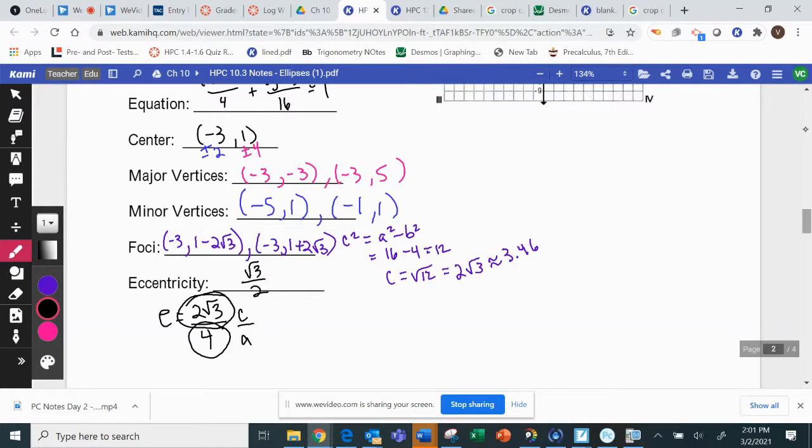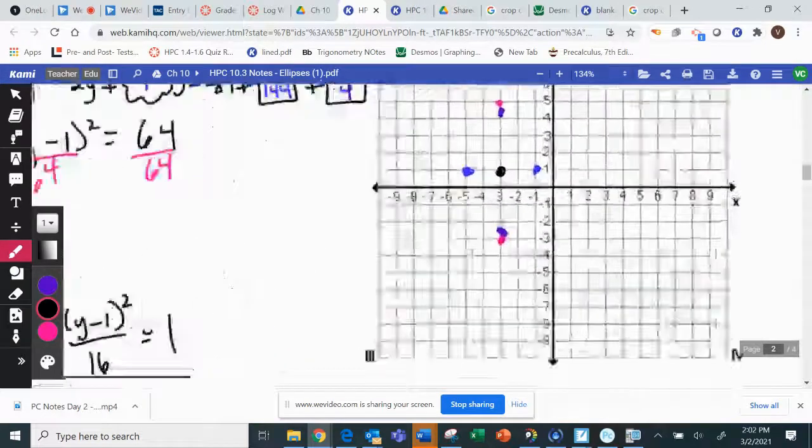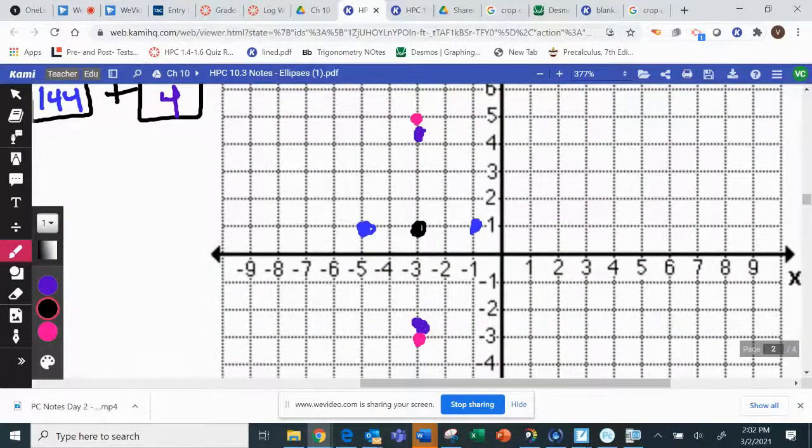So the eccentricity is just telling us that it's about 0.87, so it's going to be closer to an actual oval ellipse, less than a circle. That's what it's telling us.